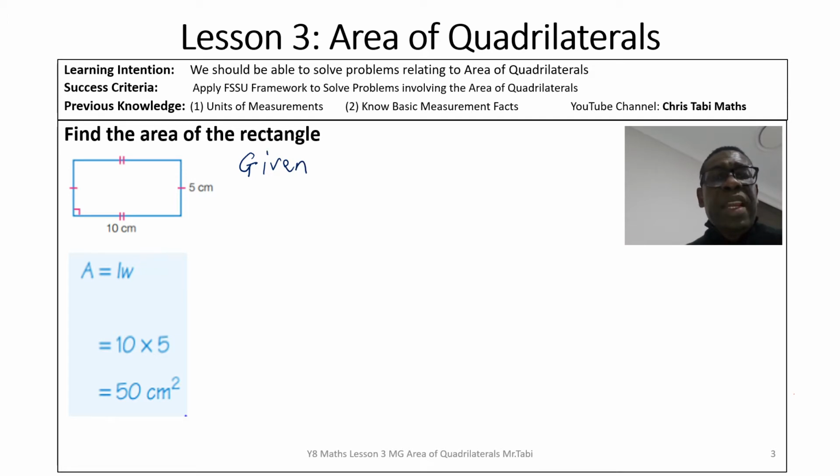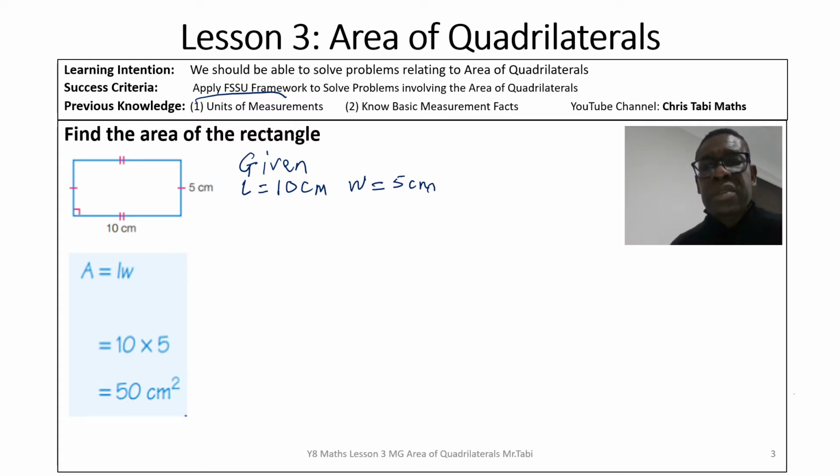We've been given the length, which is 10 centimeters, and we've been given the width, which is 5 centimeters. Now we need to apply the FSSU framework to help us set out our working out in a logical sense.